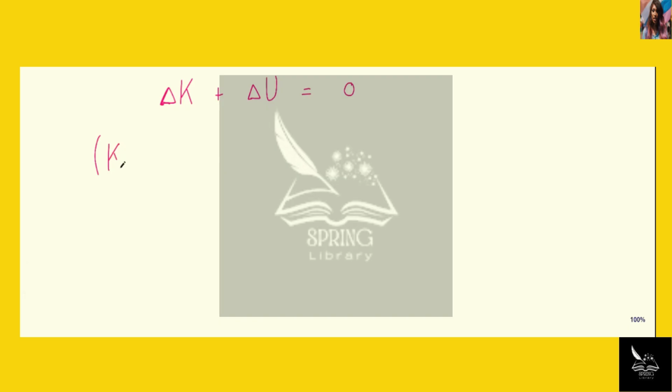So at the top, the kinetic energy K plus the gravitational potential energy UG plus the potential energy stored in the cord, or in the spring, US, is equal to the sum of the energies at the bottom: the kinetic plus the gravitational potential plus the potential energy stored in the cord.